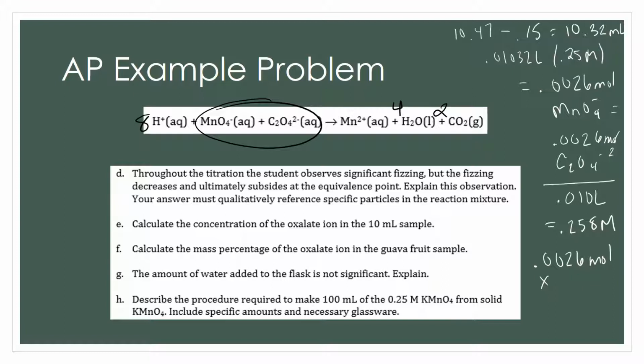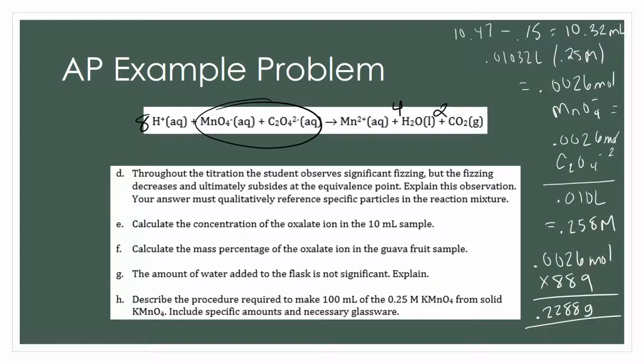So multiplying by 88 grams, I find that I have 0.2288 grams of oxalate ion.